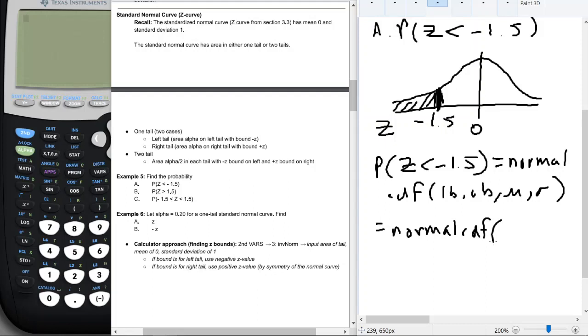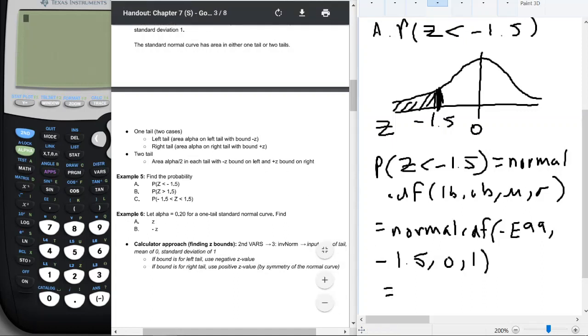It goes to negative infinity, so we'll use negative E99 to represent that. Then we need the upper bound, the highest that the shaded region goes, which is negative 1.5. Because we're dealing with the standardized normal curve, the mean is 0 and the standard deviation is 1. So in the calculator, we'll fill in these accordingly.